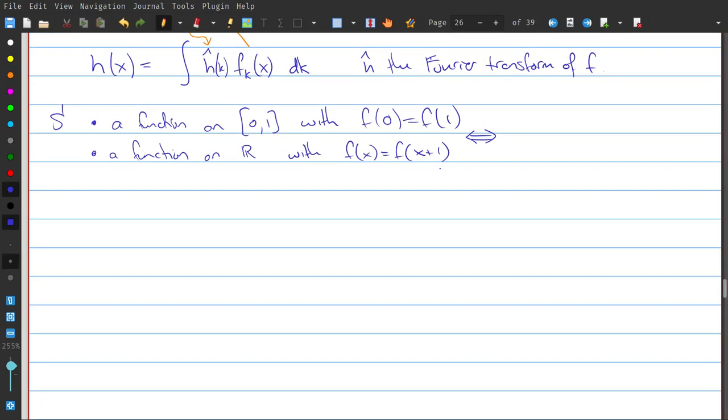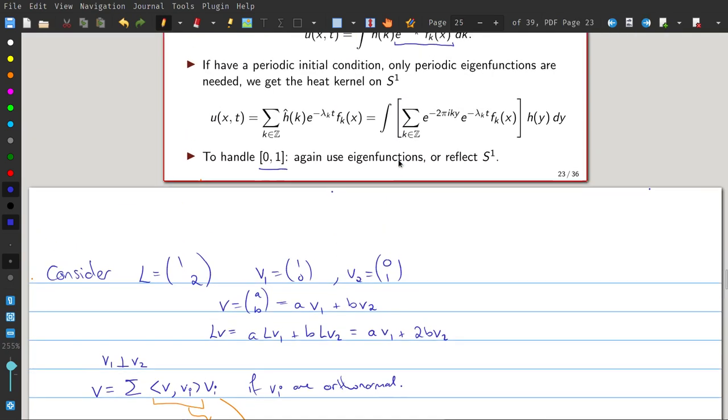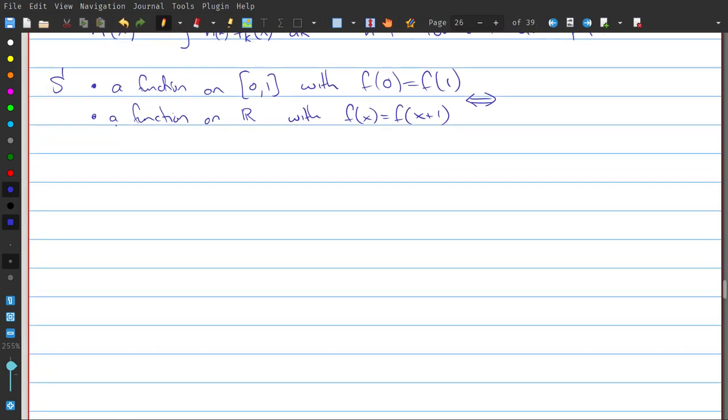So why this? When we want to describe functions on S1 in this second form, it's useful to use the Fourier approach, because the eigenfunctions fk of x, e to the positive 2 pi i k dot x, are periodic when k takes integer values.